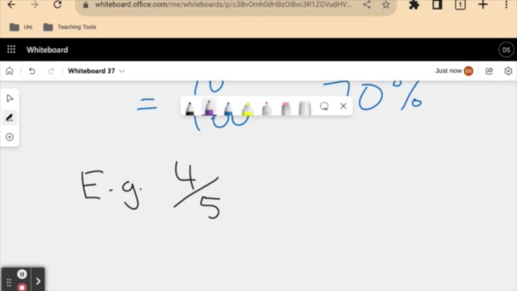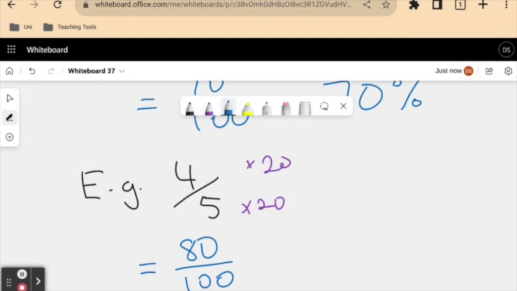And that number will be 20. And you can verify this using your calculator. But 5 lots of 20 give us 100. And then we also need to do that to our numerator. And we will get left with 80 over 100. Now we have some fraction with a denominator of 100. And that is the definition of a percentage. So we can just copy straight off here and say, well, this is 80%.